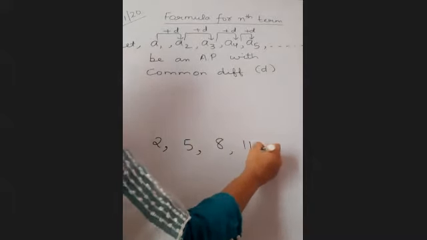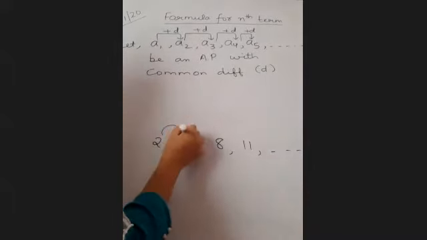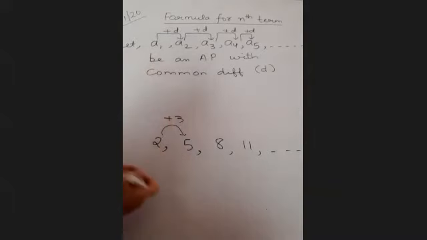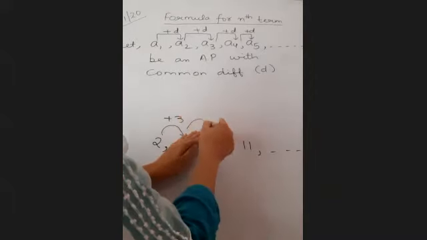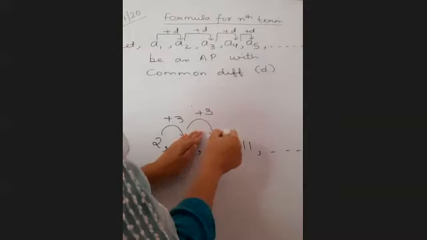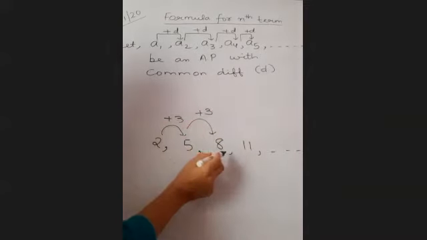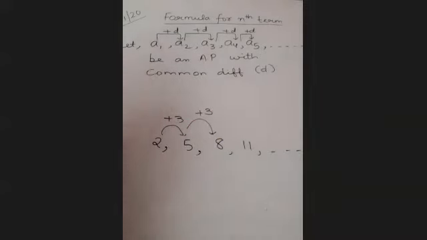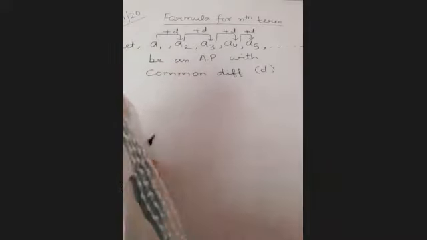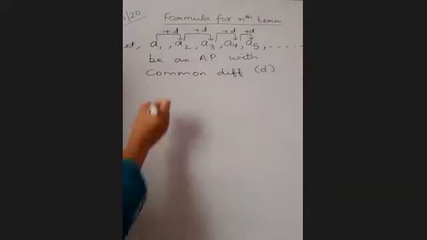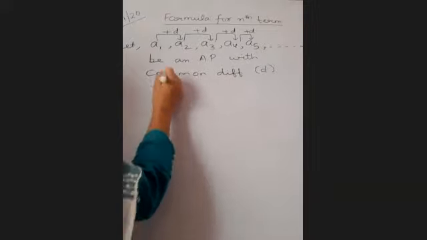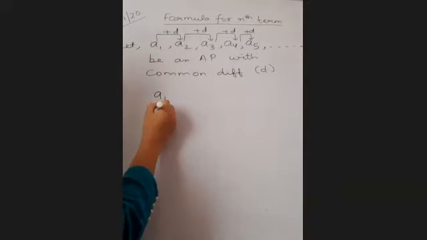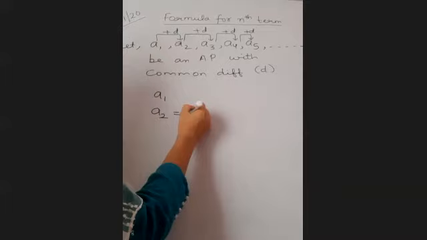Let us see if it fits here. D is 3. So instead of finding the second term, I added 3 two times to get to the third. So 2 plus 3, 5 plus 3, 8. Right, beta? So what we are getting to see from here is, if A1 is as it is, A2 can be written as A1 plus D.